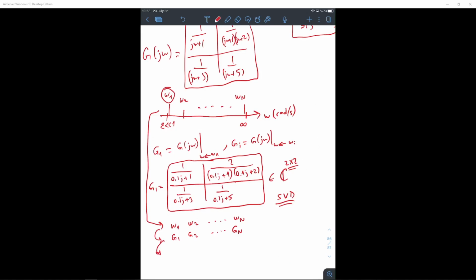But again, you can gather sigma 1 1, sigma 2 2, you can gather sigma 1 2, sigma 2 2, dot dot dot.